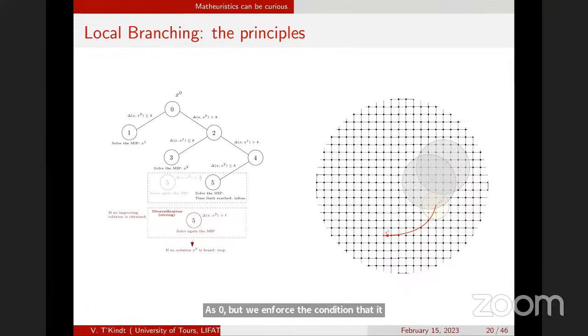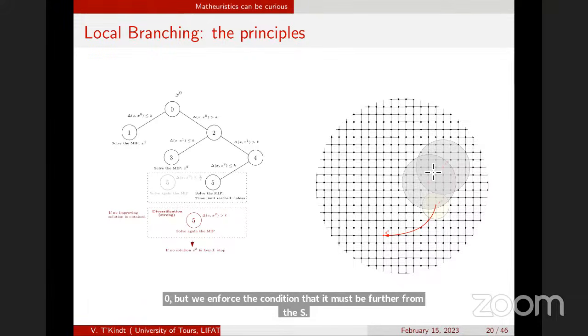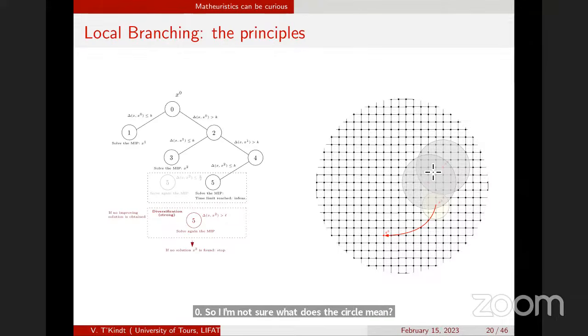So I'm not sure what the circle means. Shouldn't the overlap of these circles actually be removed when we look under the branching node 2, in 3 or 4?